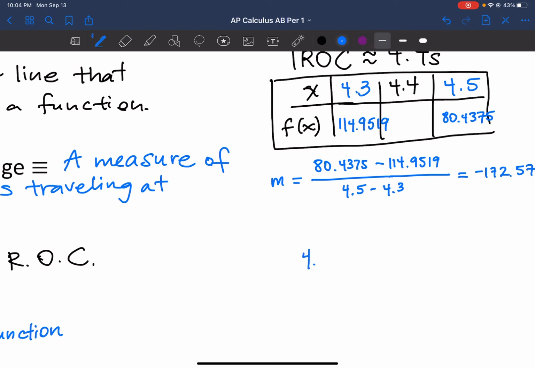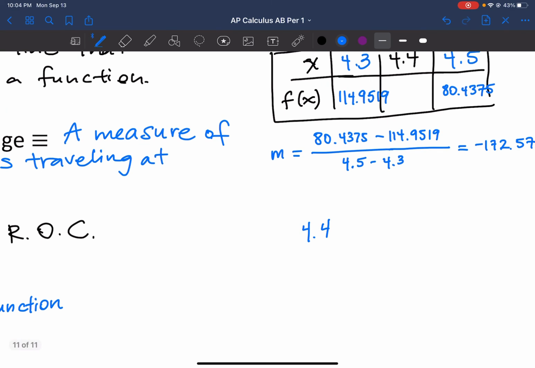I know that I need to be very, very close to 4.4. So if I am on the left side, that would be 4.39. If I still want to get closer, I can find a number that's between 4.39 and 4.4, which is 4.399.